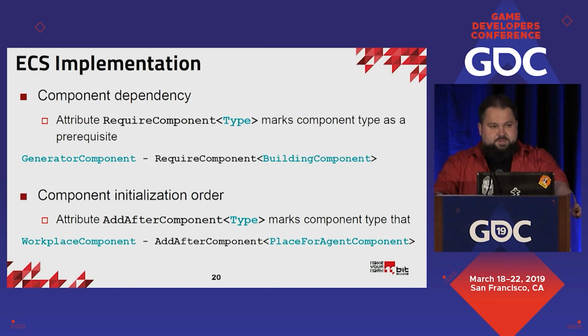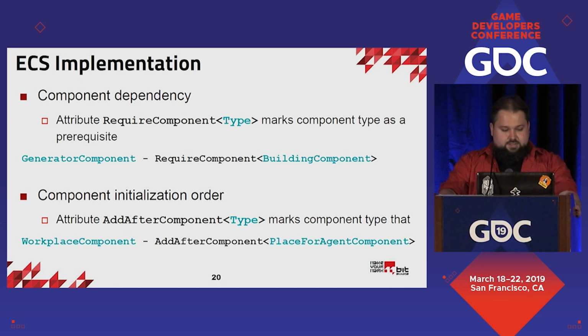We solved that dependency by introducing attributes, and attribute require component marks component type as prerequisite for another component type. So when the generator component is added by the design team, the default building component is also added to an entity, or the designer is prompted to define the building component if it's not able to be created by default.